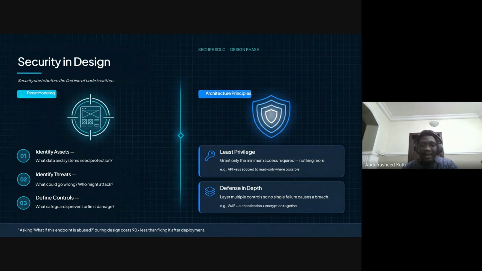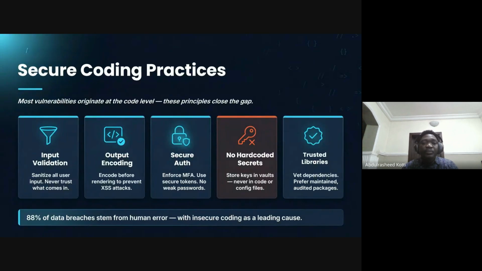Because then, for instance, a user that is only meant to view a type of data should not be able to change it or delete it. Then next is defense in depth, and this means that we need to have multiple layers of security, so in case one fails, the other might still provide some sort of protection.